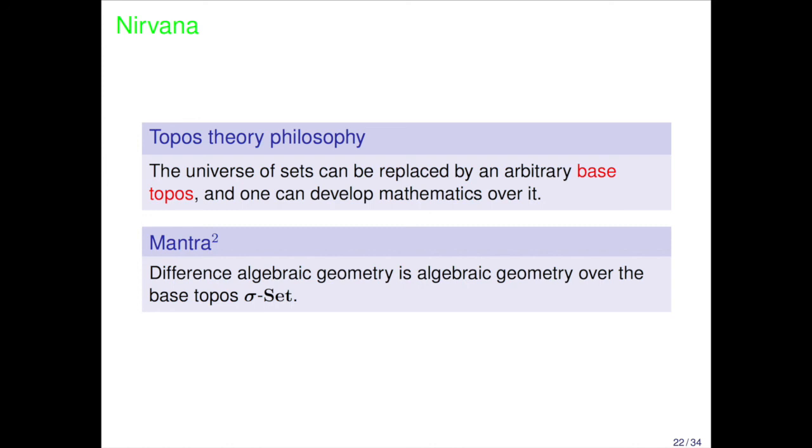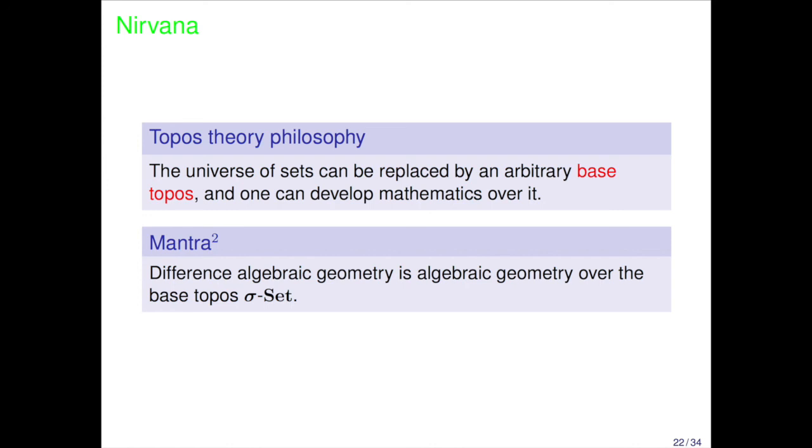Okay, so topos theory philosophy. Usual mathematics is developed in the universe of sets. Groups and rings and so on are first of all sets plus additional structure. Topos theory philosophy says that you can in fact place yourself in an arbitrary topos and use that as a universe for developing very large chunks of mathematics.